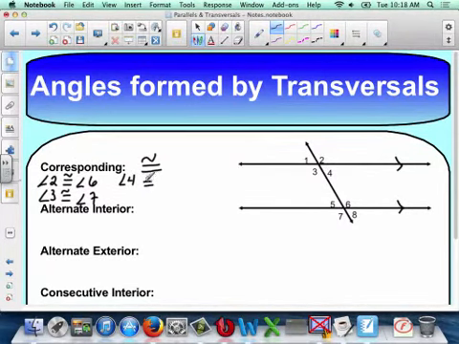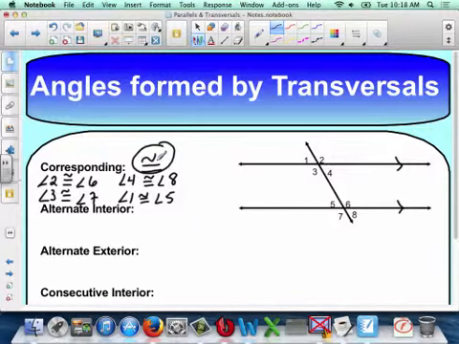Angle 4 is congruent to angle 8. All right. And Cole, what would be my last pair? 1 and 5. Okay, good. So guys, again, big idea here. If we are corresponding, then we are congruent.